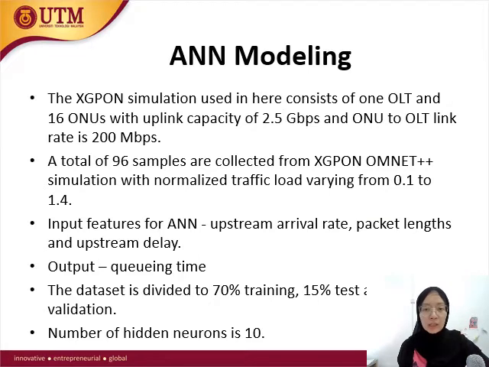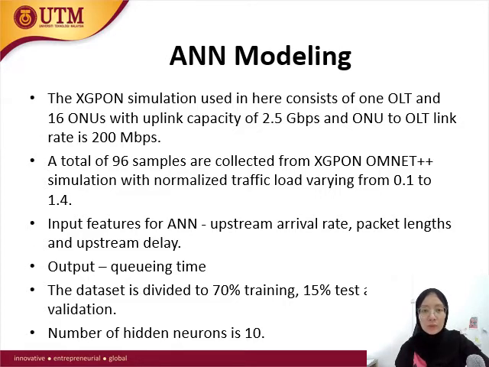For our ANN modeling, the XGPON simulation used here consists of 1 OLT and 16 ONUs with uplink capacity of 2.5 gigabit per second, and the ONU to OLT link rate is 200 megabit per second. A total of 96 samples are collected from the simulation with normalized traffic load varying from 0.1 to 1.4.